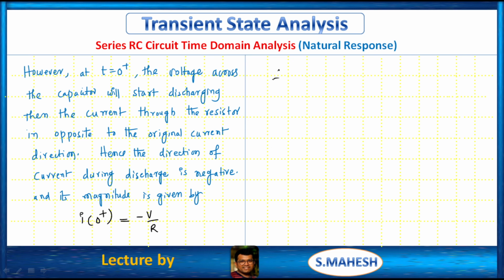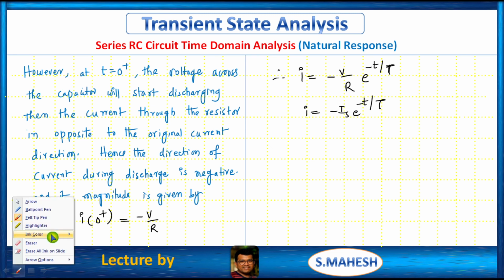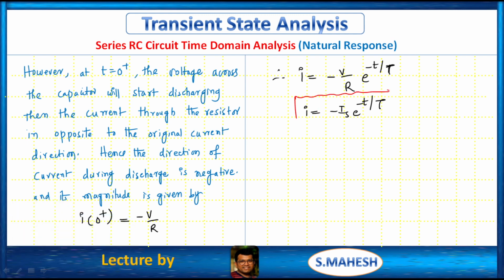Therefore I, which is equals to minus V by R e power minus t by tau. I is equals to minus V by R e power minus t by tau. This is the natural response. This is what?